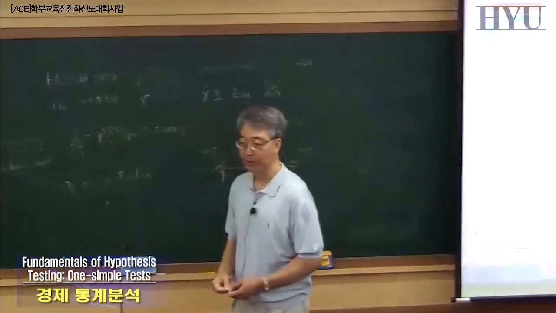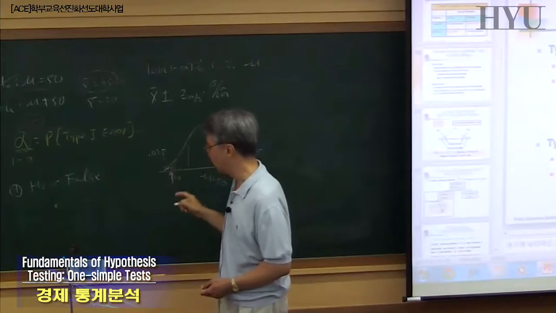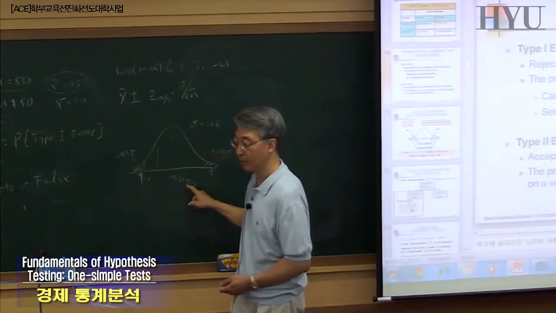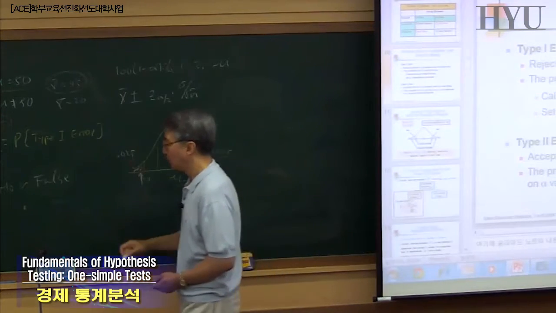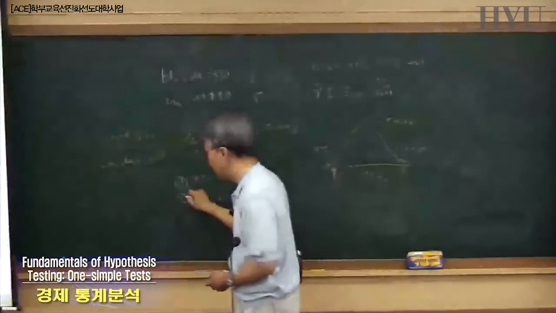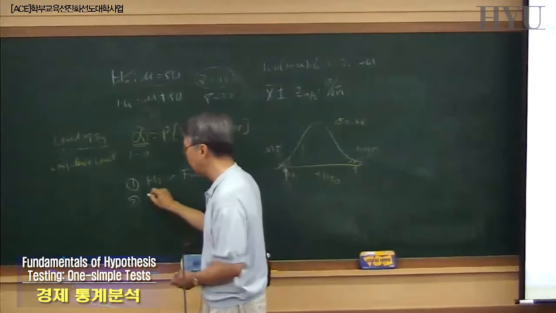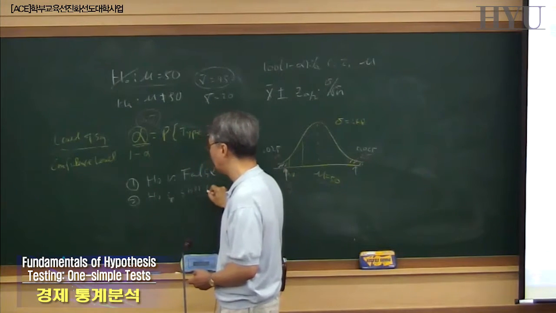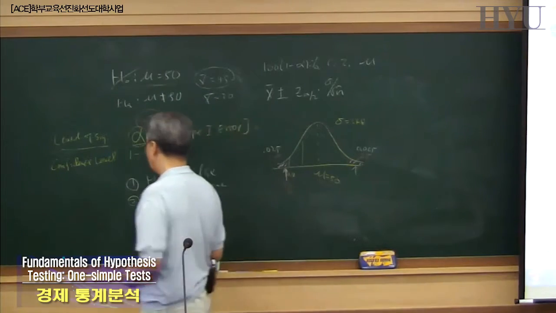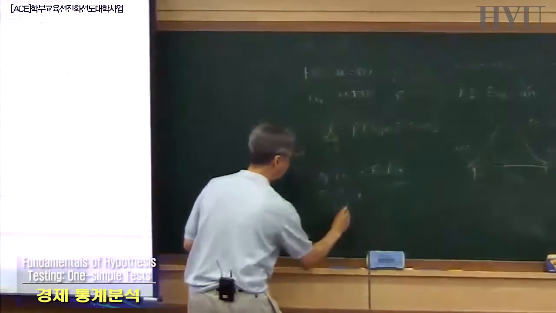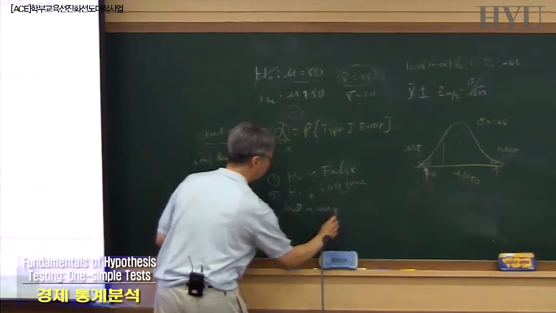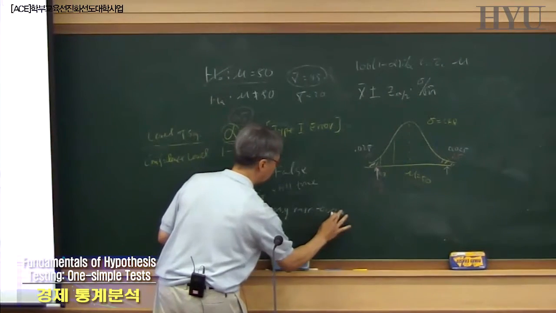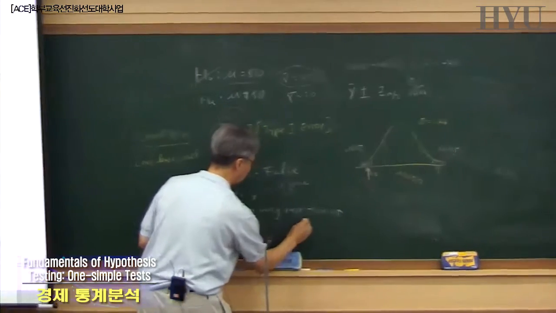That's the first possibility, because your sample result is so far away from what the null hypothesis claims. The second possibility is the null hypothesis is still true, but a very rare event has occurred.